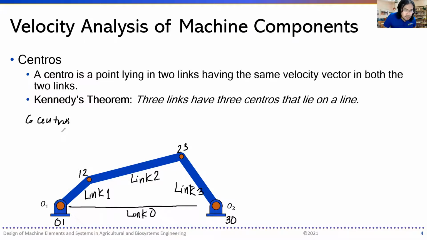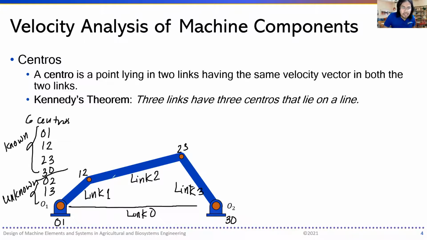So we have 6 centros: 0, 1, 1, 2, 2, 3, and then we have 3, 0, and we still have 0, 2, and then we still have 1, 3. These are the known centros, and these 2 are unknown.